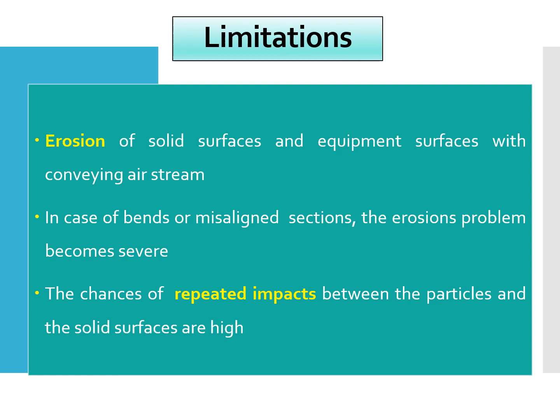Those limitations are erosion of solid surfaces and equipment surfaces with the conveying airstream. In case of bends or misaligned sections, the erosion problem becomes severe. The chances of repeated impacts between the particles and the solid surfaces are high.